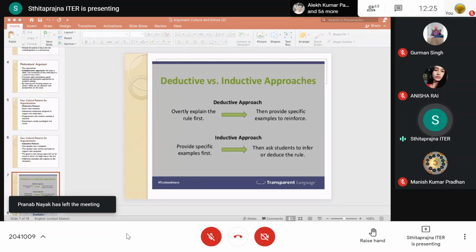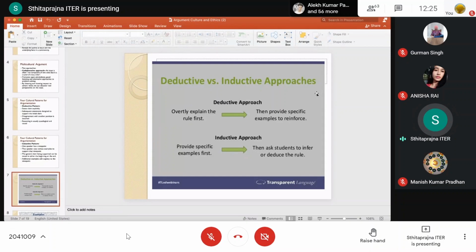In the inductive approach, you provide a lot of examples first, and then the learners go on to deduce the rules from the examples. We observe a pattern from the examples and then we deduce the rule. But the deductive approach says you first give the rule and then supply examples, illustrating it with examples. So that's as simple as that.